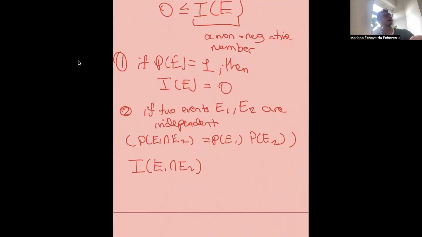It's how much information you would be gaining if two events took place but are non-interacting, separate things. You have to be careful here.